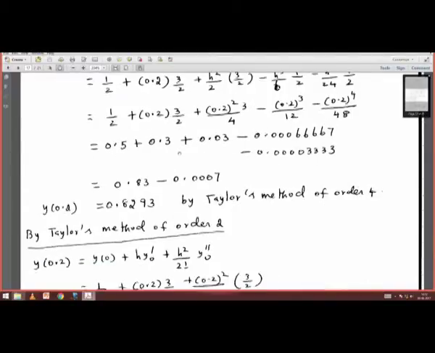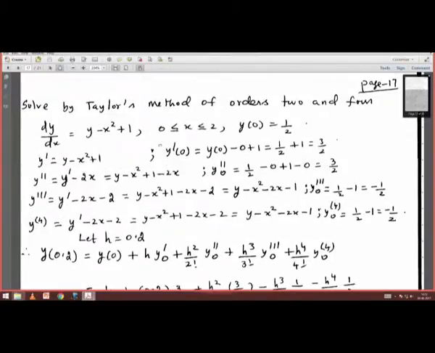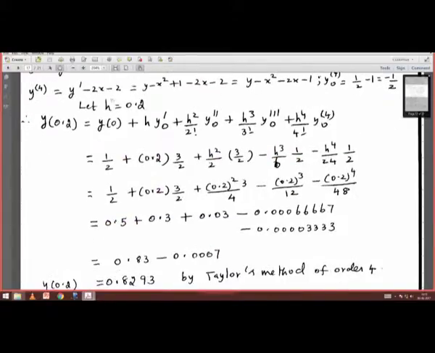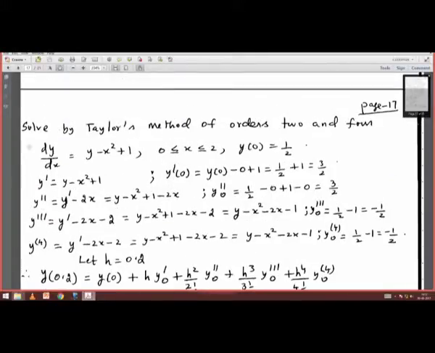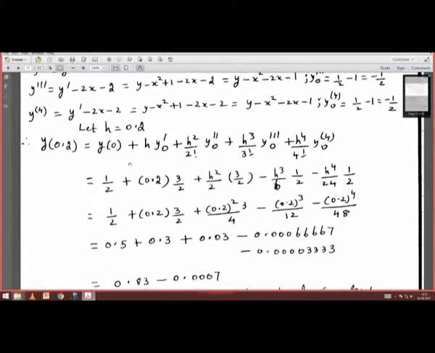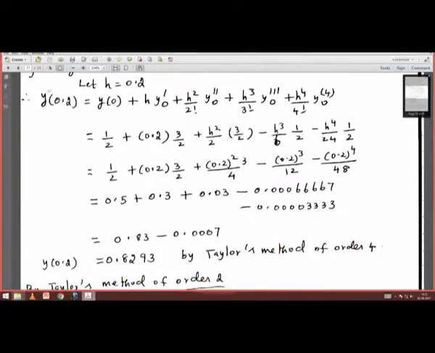So, we are required to compute the solution in this interval 0 to 2 by taking step size to be 0.2. So, we have worked out the details by computing the solution at 0.2. So, now solve the new initial value problem, which is dy by dx is equal to y minus x square plus 1, subject to the condition that y at 0.2 is 0.8293 by Taylor series method of order 4.